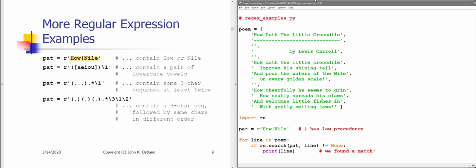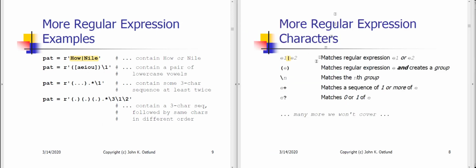Okay, now we can use parentheses to match a regular expression and also to create a group containing that pattern. The importance of groups is that we can then refer to those same groups later by their number. If I have one set of parentheses, that creates one group, which is group \1.